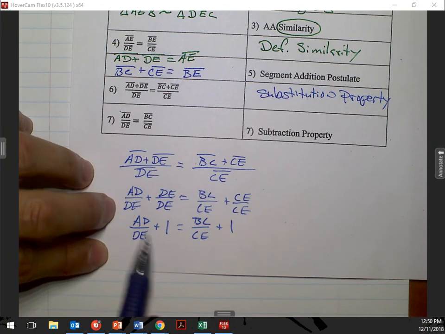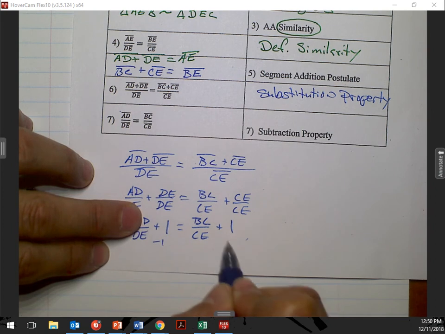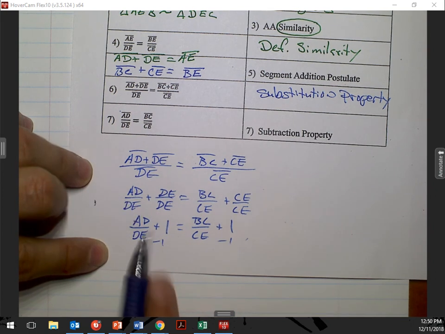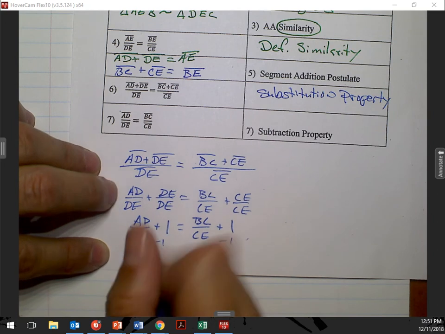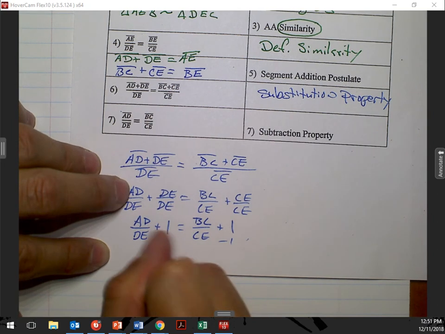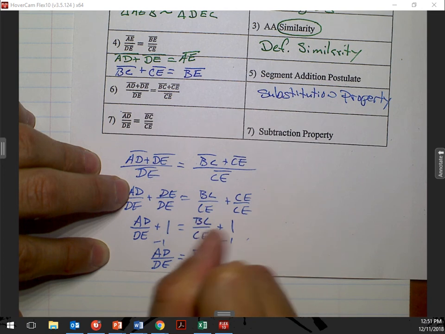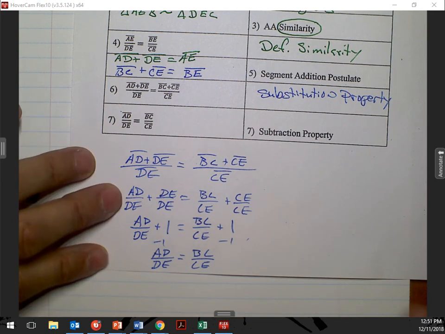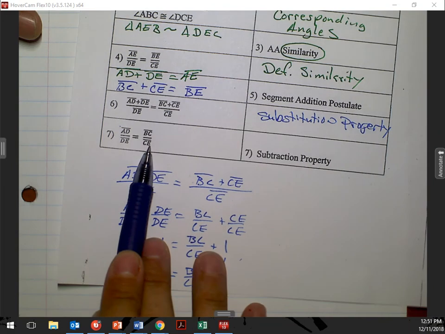If I'm trying to get this over here, what would I do? Subtract 1, right? That becomes 0, and that becomes 0, doesn't it? So I'm left with AD over DE is equal to BC over CE. Math is so beautiful. So that's where all this right here came from.